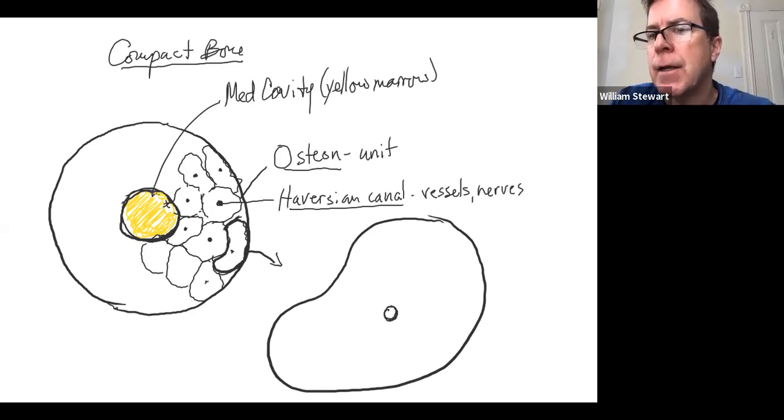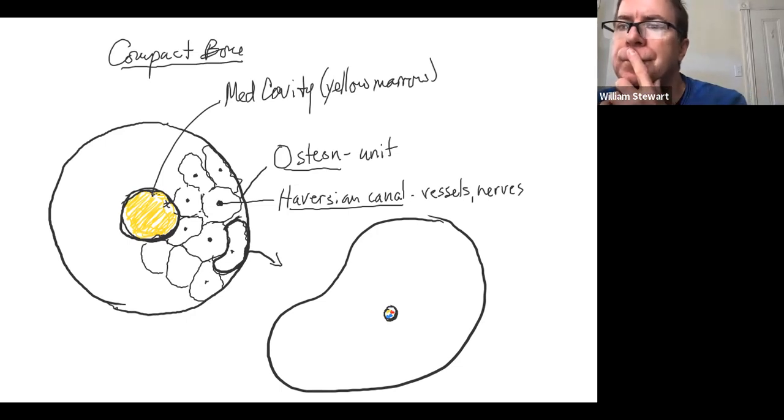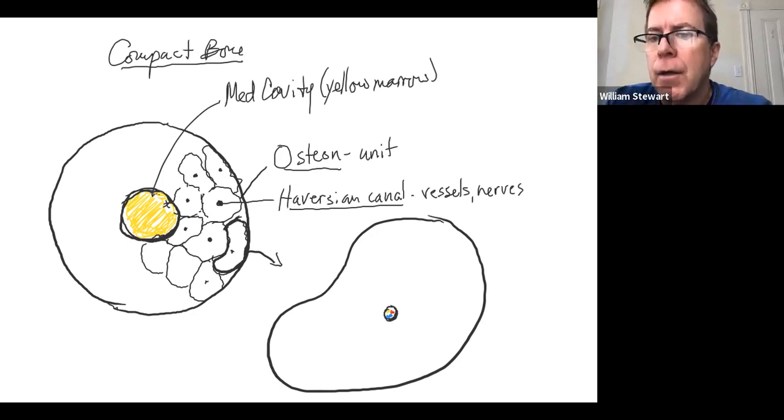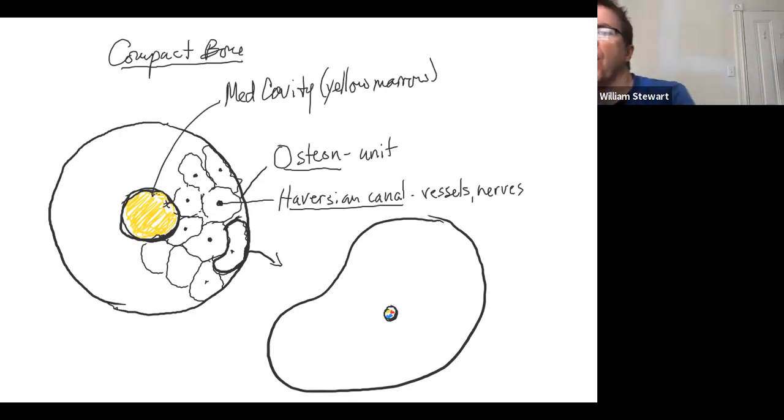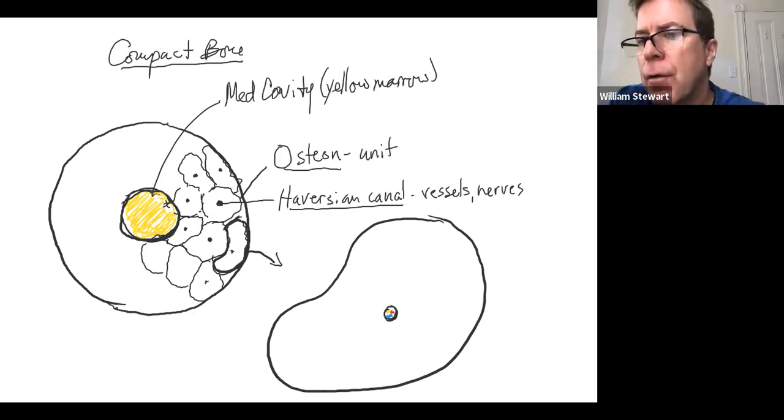It's got arteries, veins, nerves inside of it. It also has living bone cells in the tissue. Because this is an already formed bone, I'm going to draw these little pockets or cavities. They encircle the haversian canal, and they create this ring-like pattern.